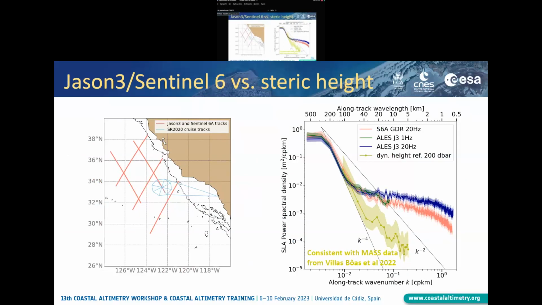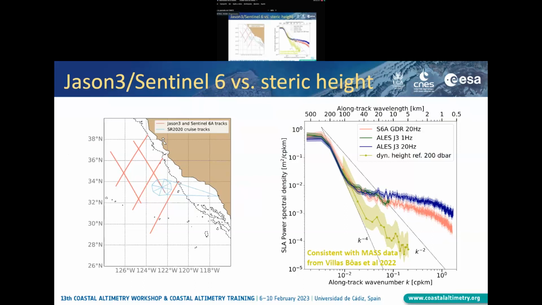So just to situate ourselves, we need to first know if our measurements are going to be able to do it. To do that, we are first comparing what we can know about these small scale structures from the cruise versus what we would statistically derive from an altimeter, like the Jasons and now some of it included the Sentinel-6. So they are plotted in spectra form here.